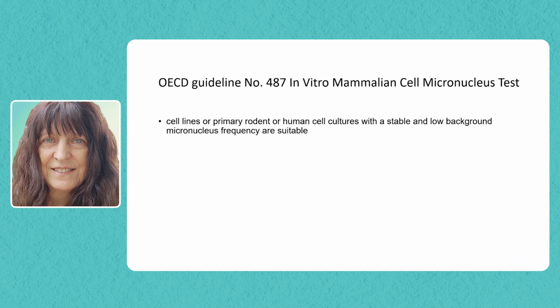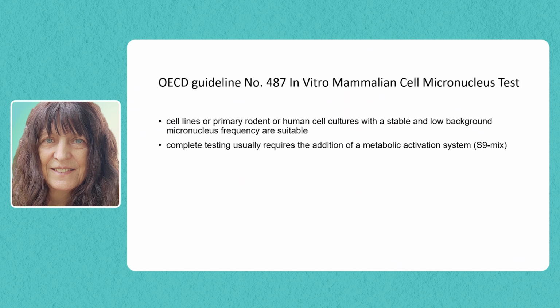It says first the cells are either cell lines or primary rodent or human cell cultures, and they have to have a stable and low background micronucleus frequency, and then all of them are suitable. So it's not limited to just a couple of cell lines. You can use any cell line if you can prove that it has a reasonably stable and low background micronucleus frequency.